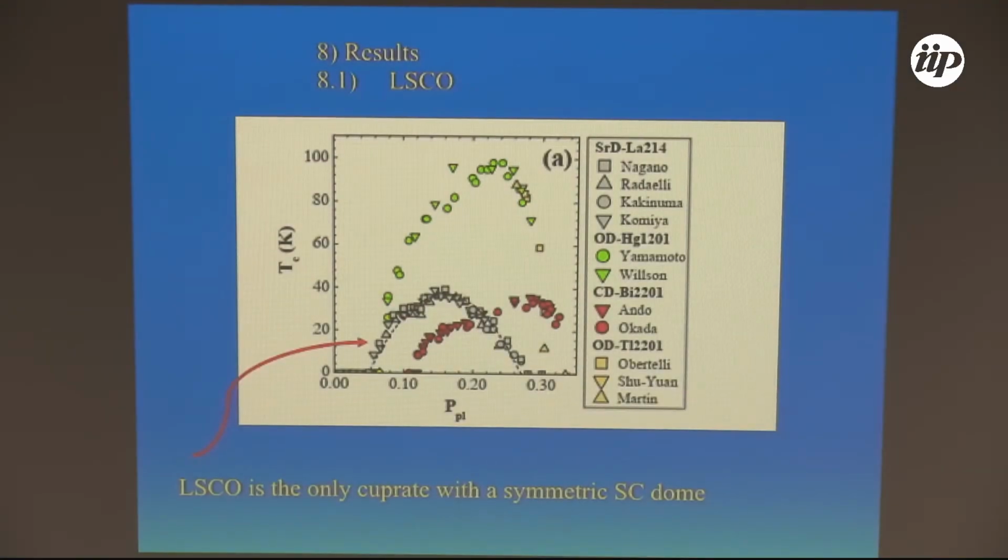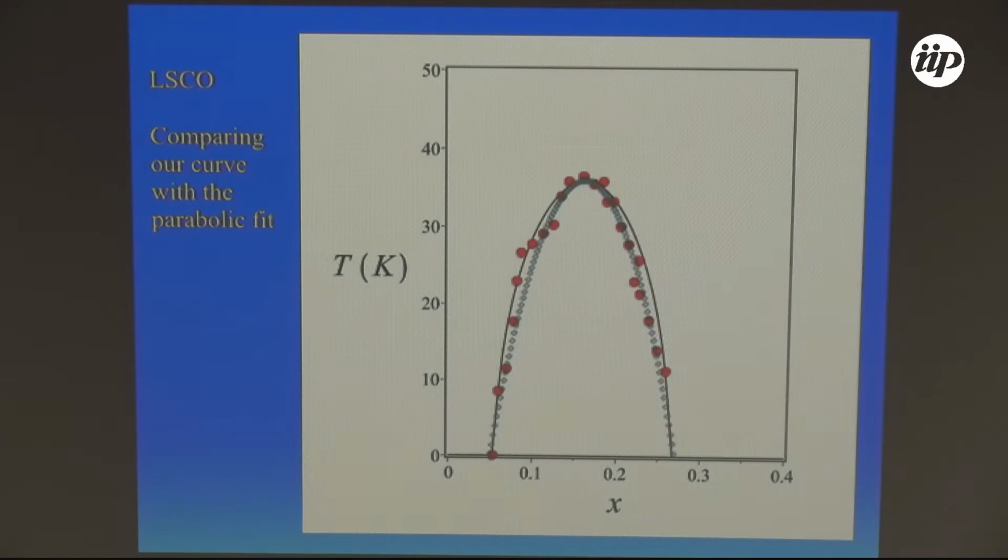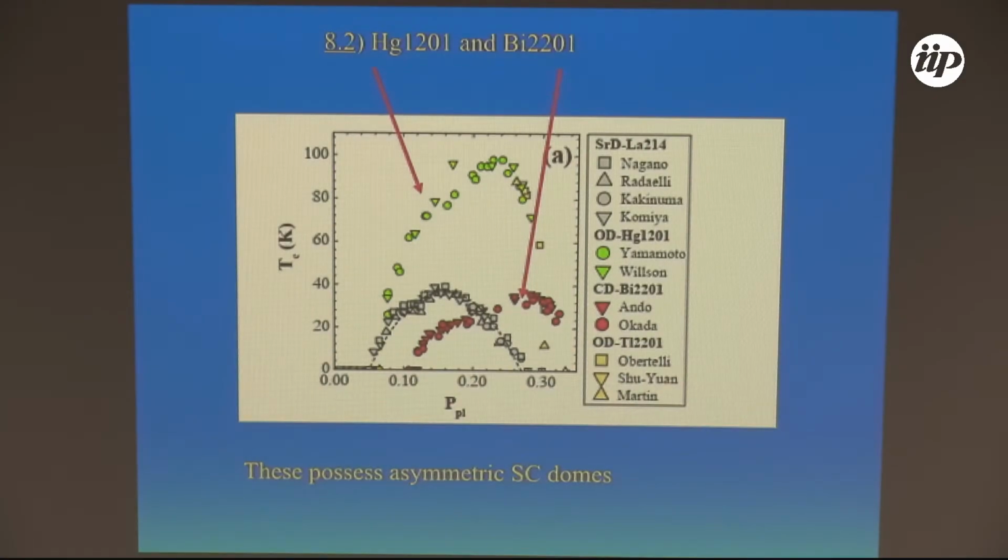You can see here, for example, the data are from these people here. So now let's go to mercury and bismuth, for which there was not even a parabolic fit.